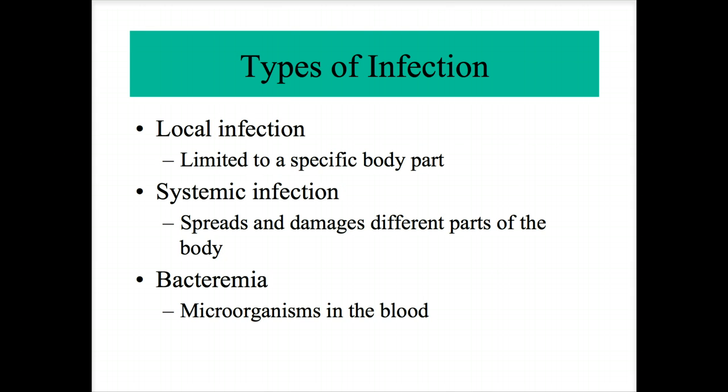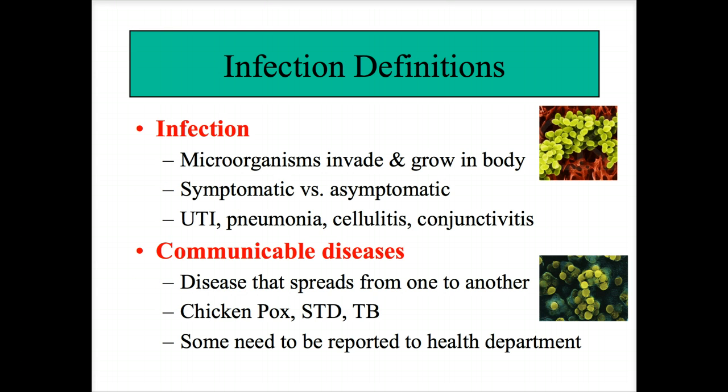So let's begin with looking at the types of infection. As a nurse, when you're doing a history or a physical assessment or an intake, you want to gather data. You can gather data from the laboratory results, and you might find that the patient has an infection by the level of their WBCs, or their white blood count. You should know what a normal white blood count level is.